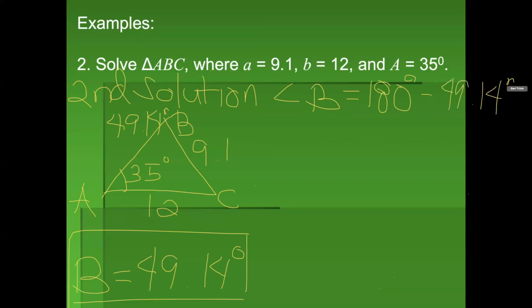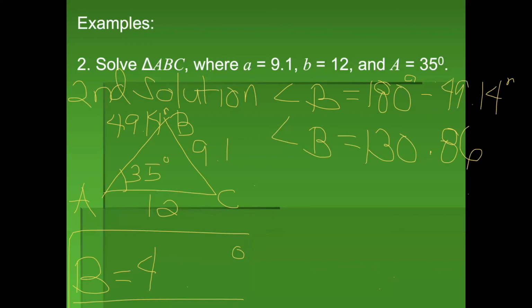Therefore, the new value of B will be 130.86. So this time, in the second triangle, angle B will become obtuse, and its new value is 130.86.